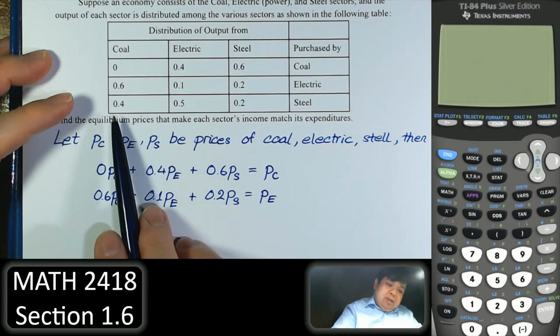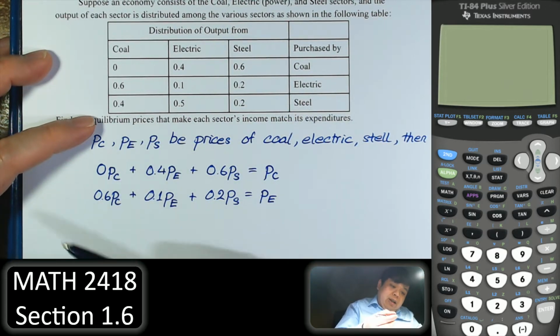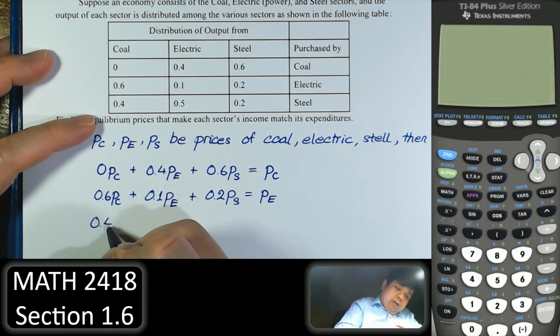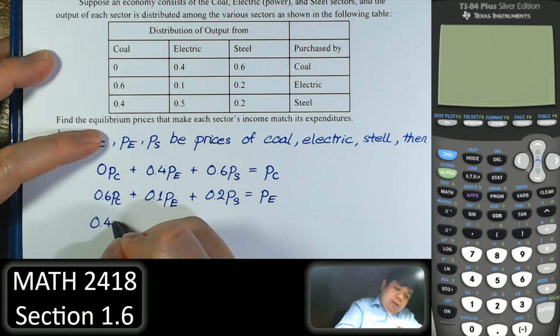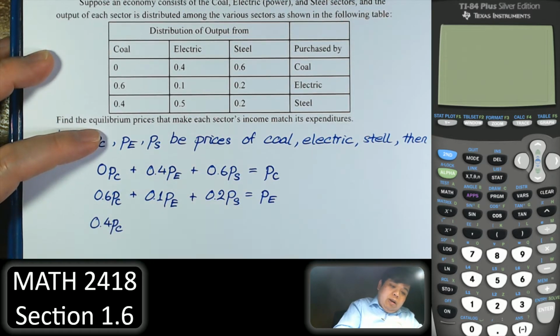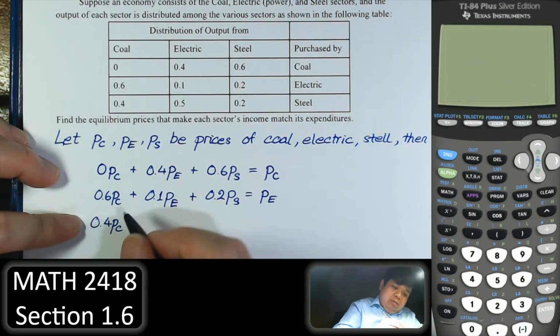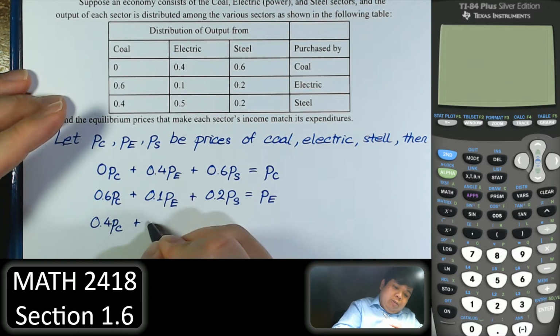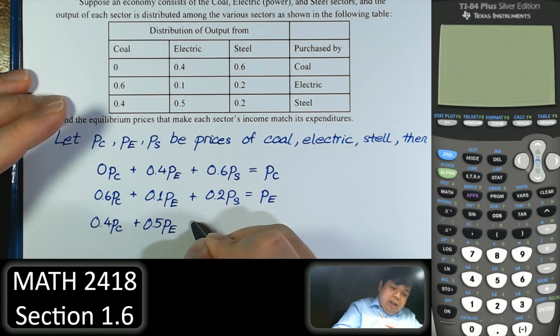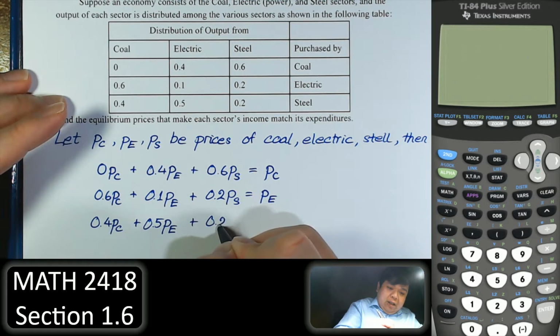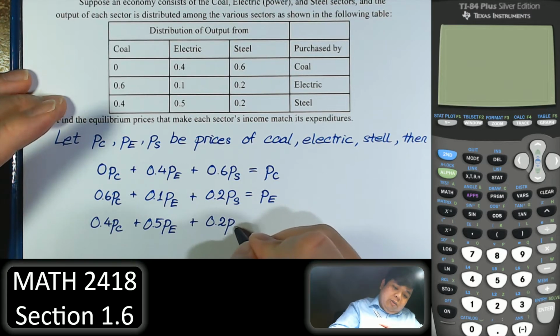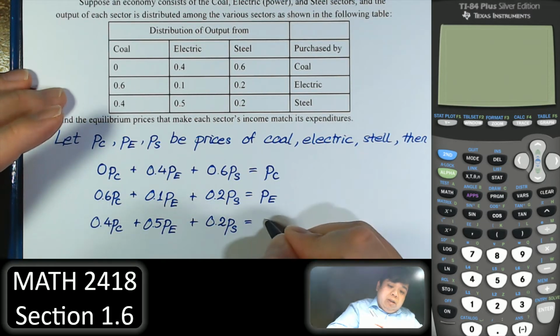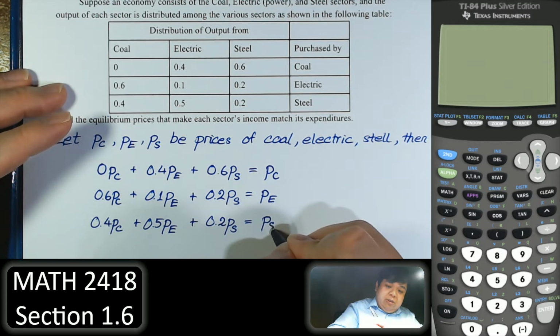And then the same thing here: 0.4, 40% of the value of coal, 50% of the value of electric, and 20% of the value of steel. Add all of them up to get the total value of steel.